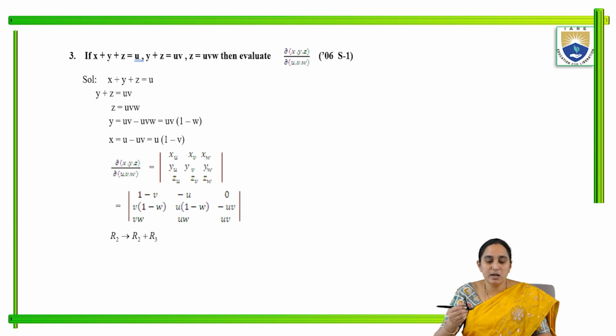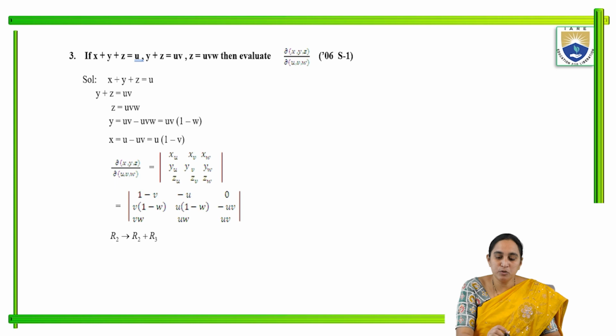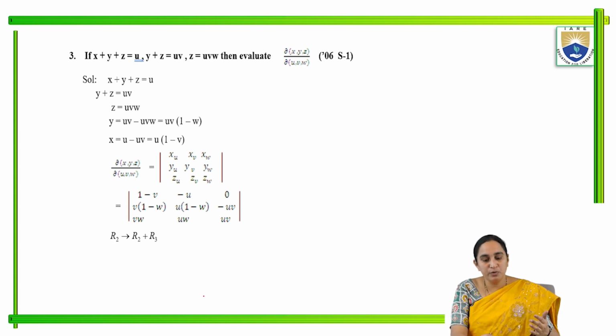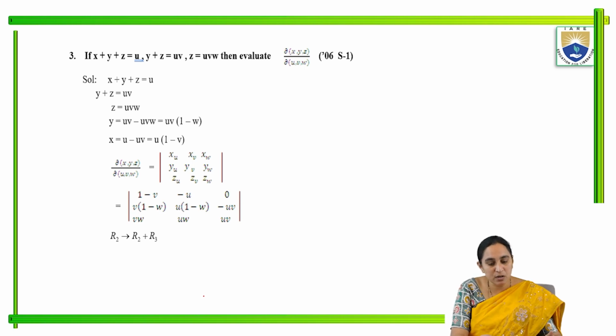But here, the functions u, v and w are given in terms of xyz. That means first we have to convert each function, x in terms of uvw, y in terms of uvw, and z in terms of uvw.